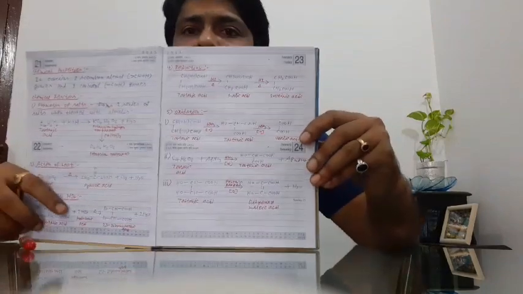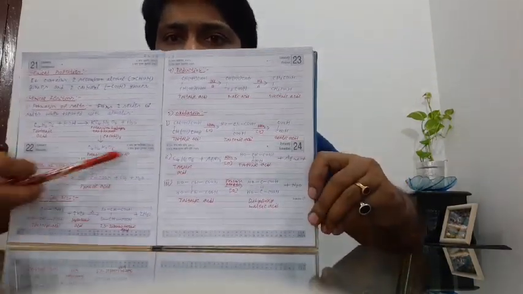Okay, and in the last reaction, if tartaric acid is oxidized with Fenton's reagent, it is converted to dihydroxymalic acid. What is Fenton's reagent? Already I have discussed it in my last video on lactic acid. It is hydrogen peroxide solution in the presence of ferrous ion. Okay, so these are the three reactions of the oxidation of tartaric acid.